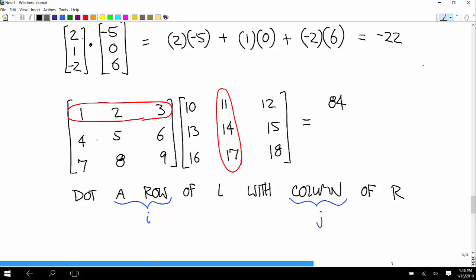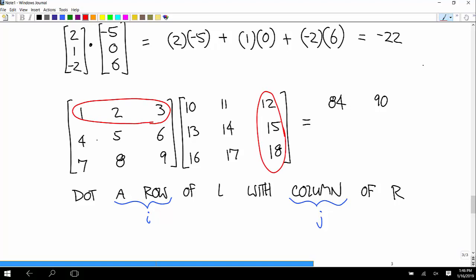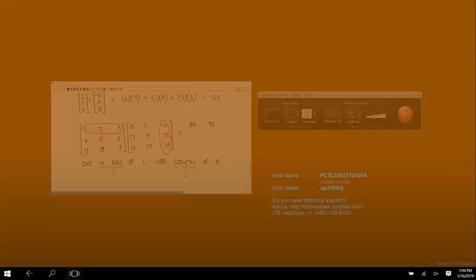So that's going to go in the next thing over, and I get 90 for that. I'm not going to do this for all 9 values, but one more, and then I'll just view the rest of them. So now we'll go 1, 2, 3, added with 12, 15, 18, and you get 96.